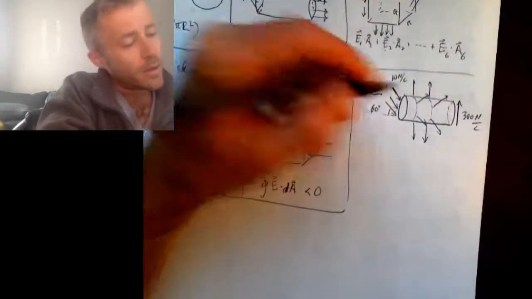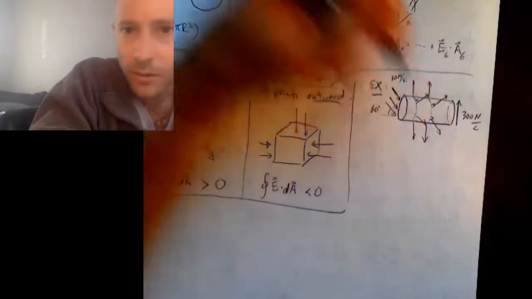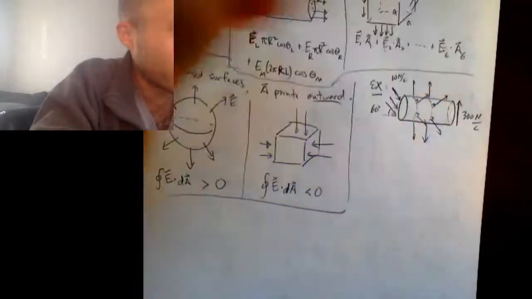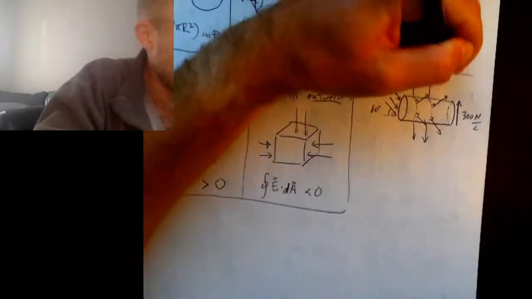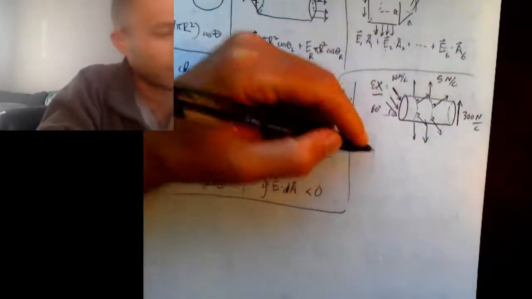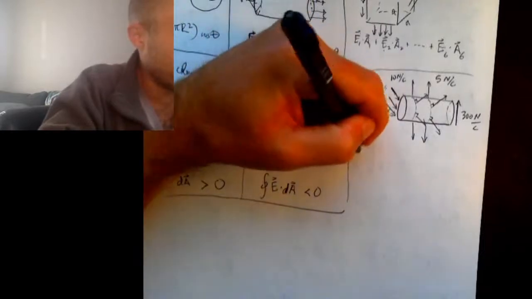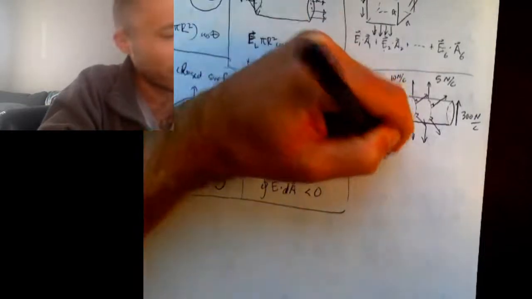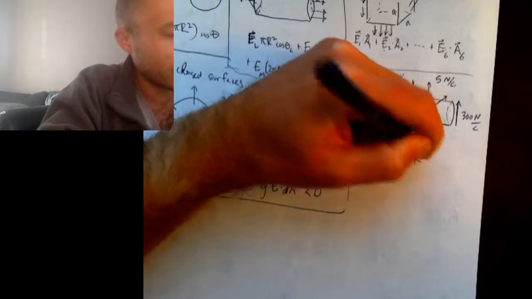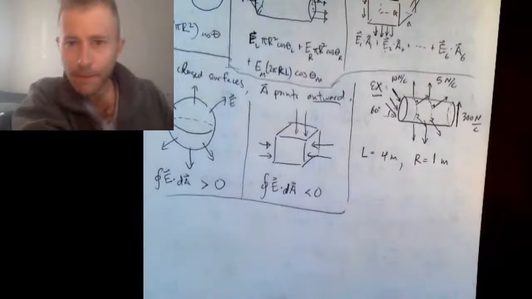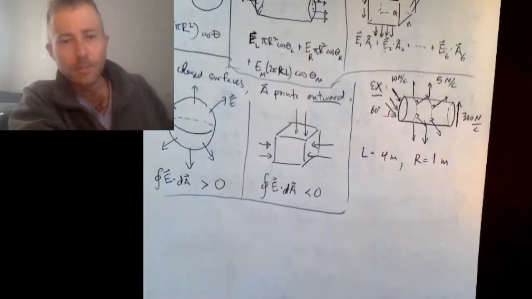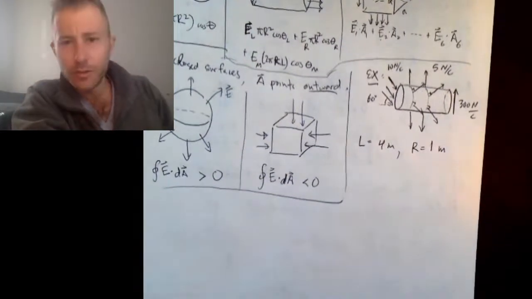That means it's always at a 90-degree angle to the surface, and the strength of that electric field is 5 newtons per coulomb. Let's suppose the length of this cylinder is 4 meters, and the radius is 1 meter.